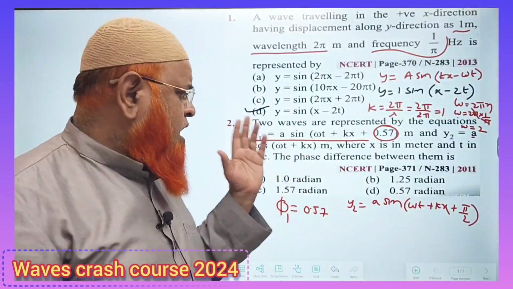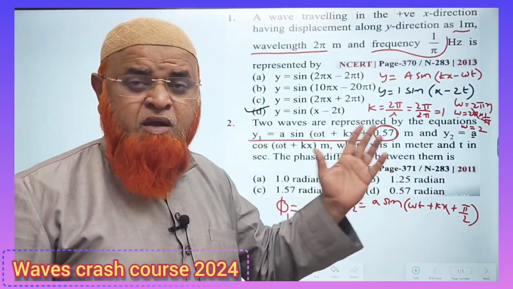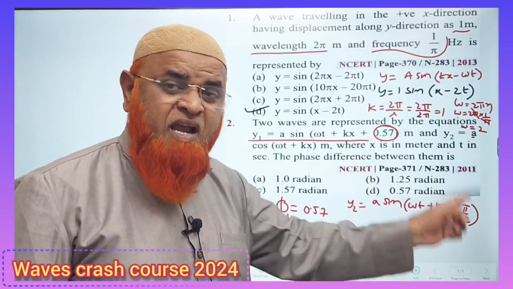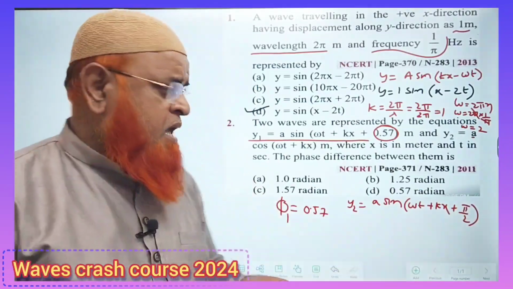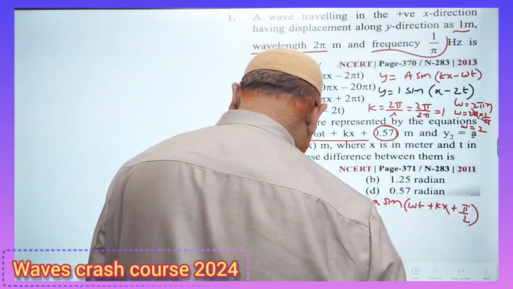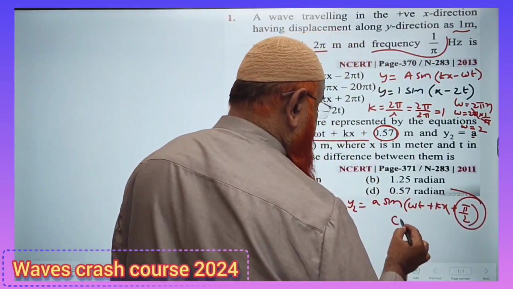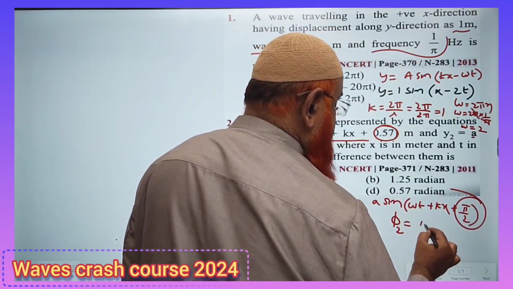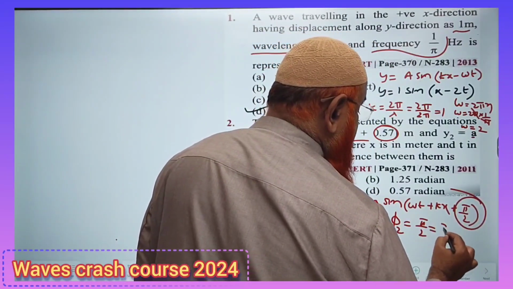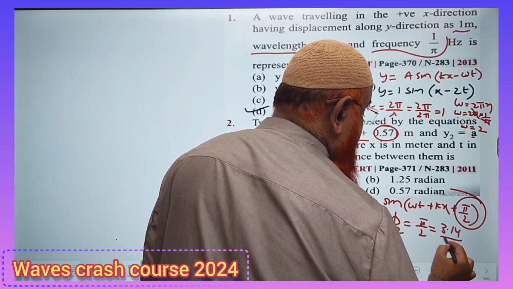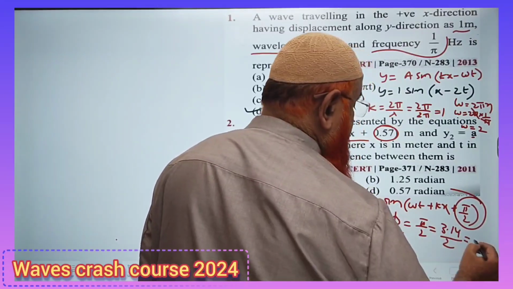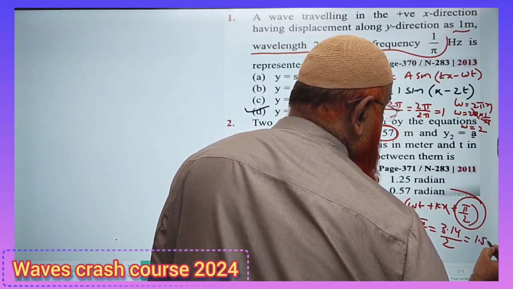You have to change the angle of sine into cos, or cos into sine, by just adding pi by 2. But what is this pi by 2? This is going to be your phase angle, isn't it? Then what is the phase angle for phi 2? Phi 2 is nothing but pi by 2, which is 3.14 divided by 2, which is going to be 1.57.